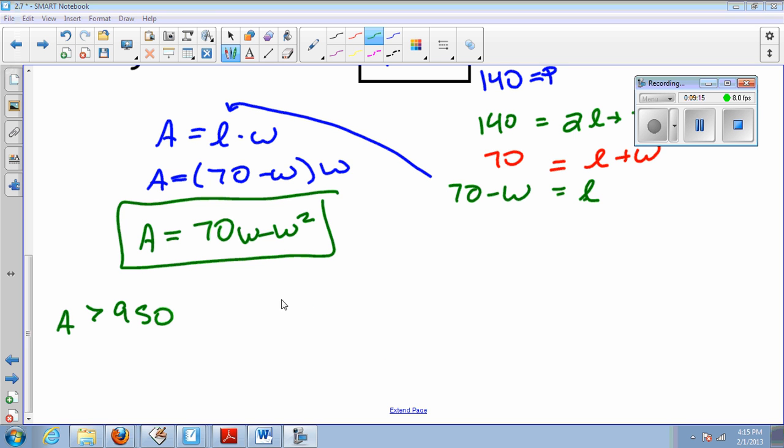So we want values where 950 is less than 70W minus W squared. So we could solve this by getting all terms on one side and solving the nonlinear inequality, or we could use a graphing calculator.